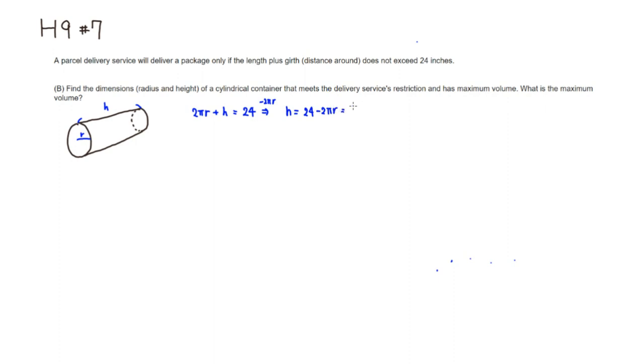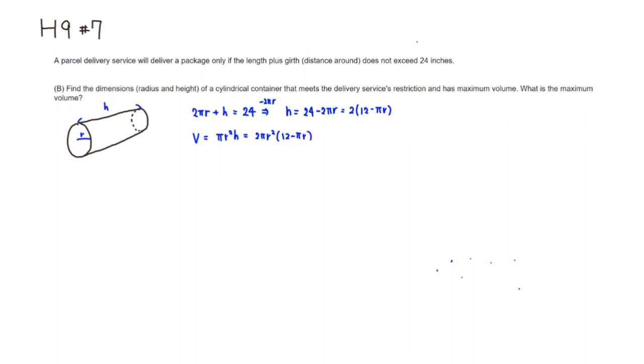I'm going to pull out the 2, so it's 2 times 12 minus pi r. The volume of this circular cylinder is the area of the circular end, pi r squared, times the height h. Replace h by what we had before and we get 2 pi r squared times 12 minus pi r.